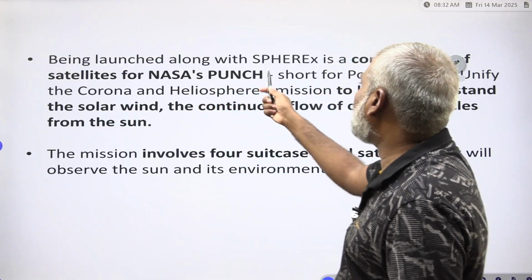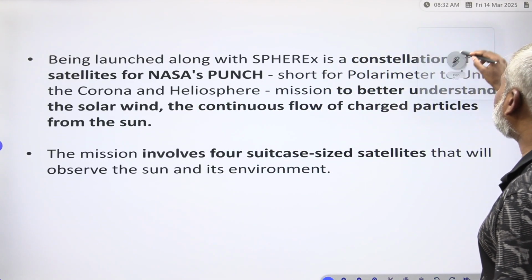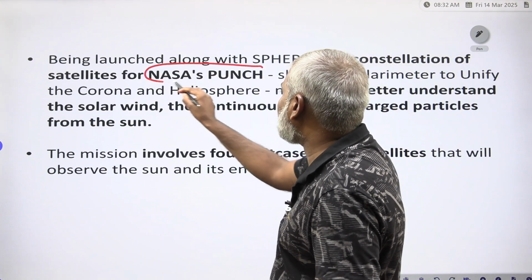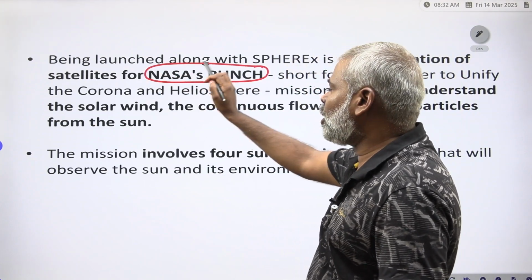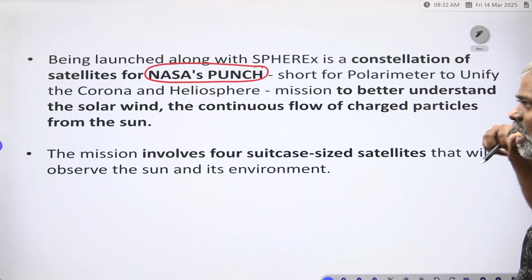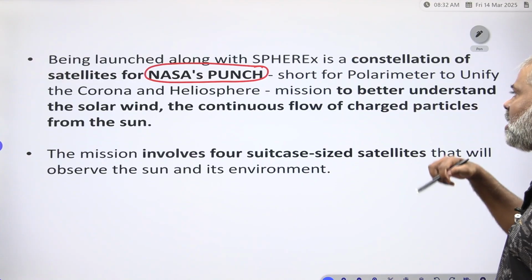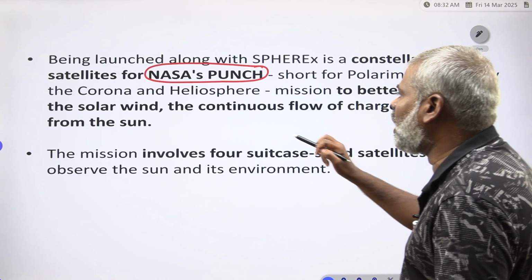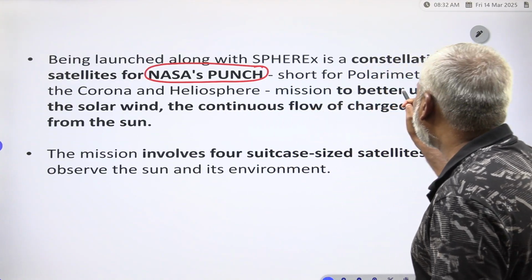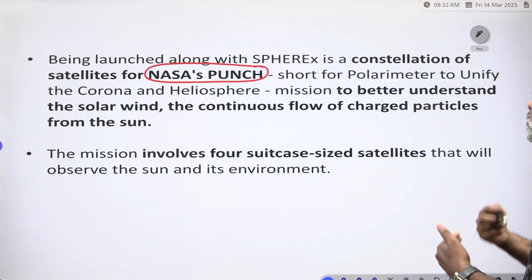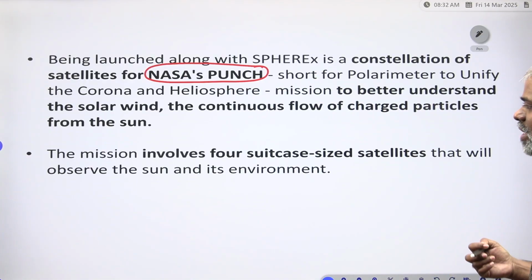Being launched along with SPHEREx is a constellation of satellites for NASA's PUNCH, short for Polarimeter to Unify the Corona and Heliosphere, a mission to better understand the solar wind, the continuous flow of charged particles from the sun.